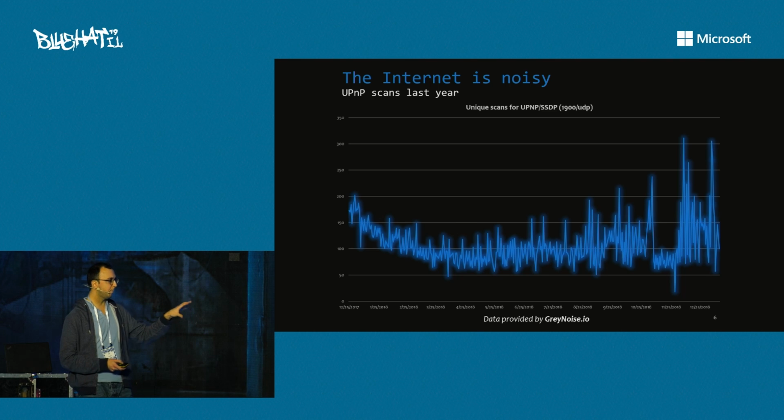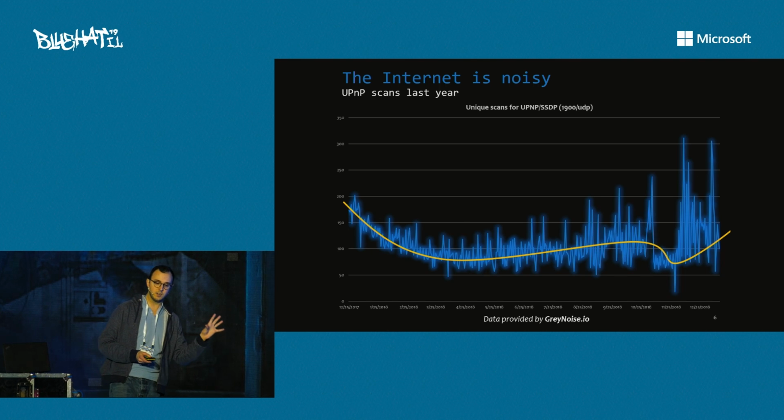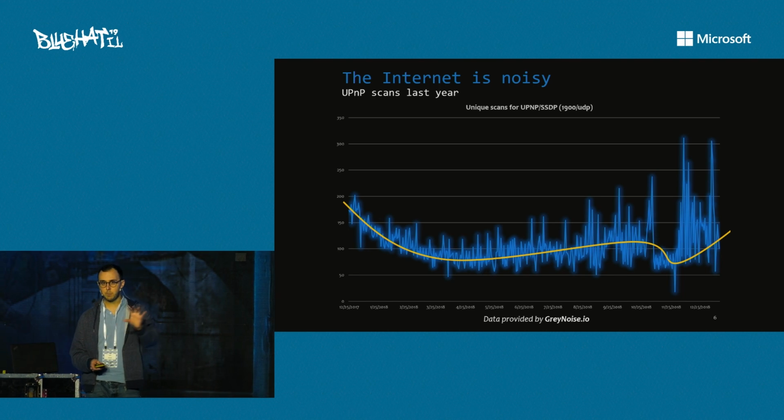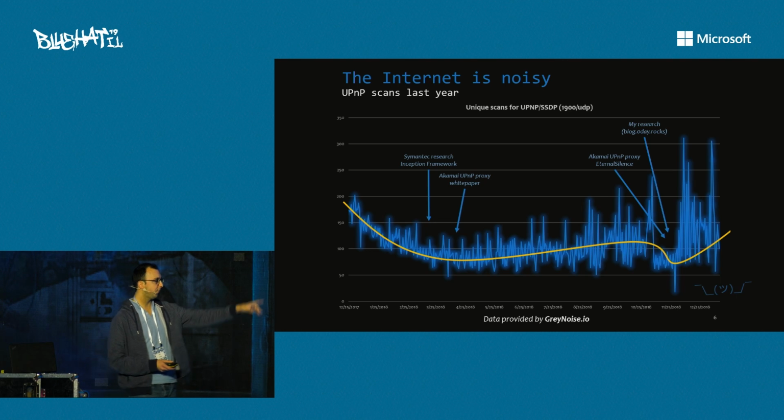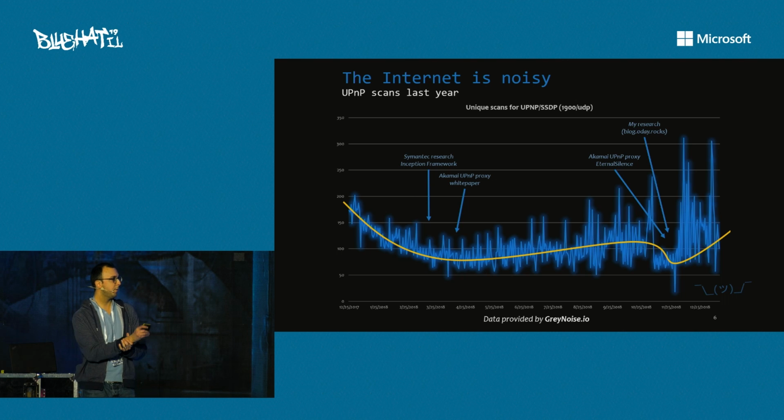It's quite busy, there's a lot of activity going on, and what is interesting here is you can almost see a small pattern. I don't know if there's any correlation, but when there is public research, you might have some people scanning more after your research. For example, on the right, you have the Akamai research paper, and then huge spikes of scans.